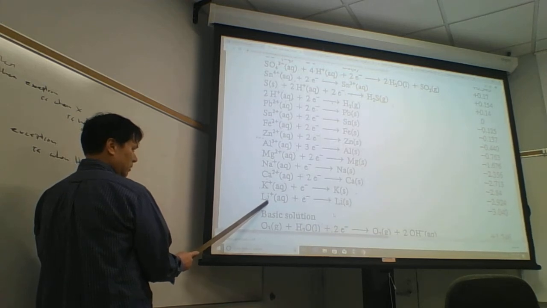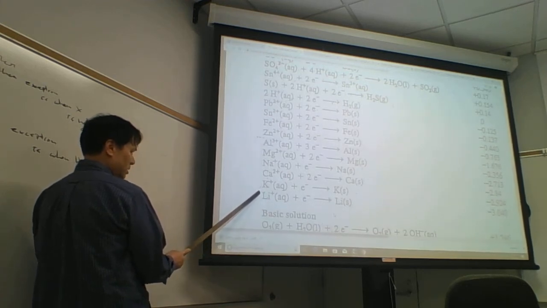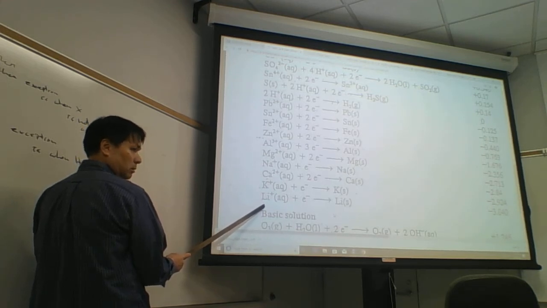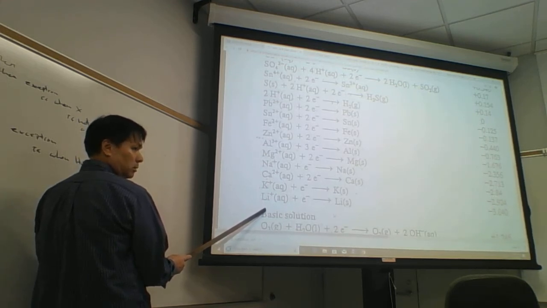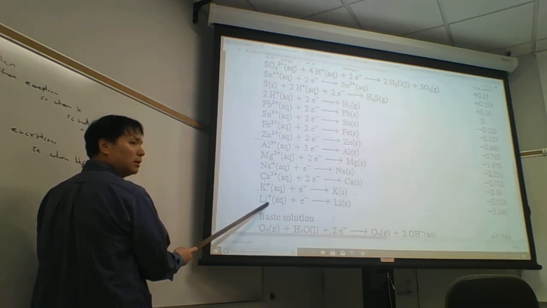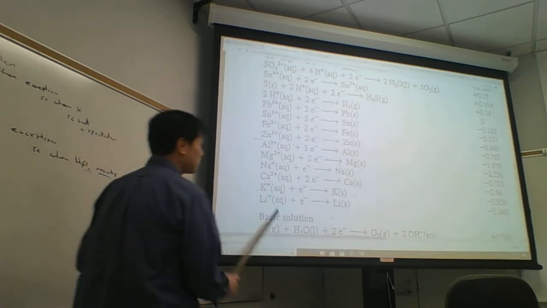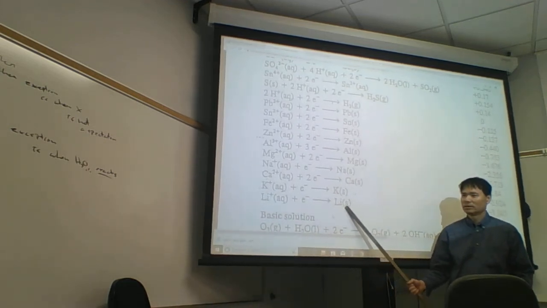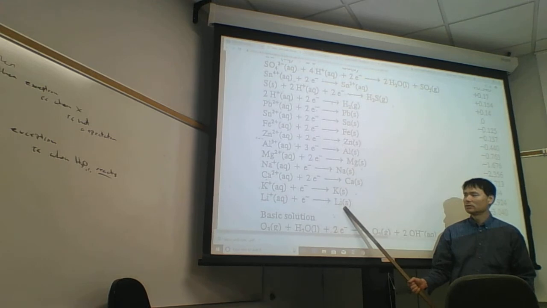What is lithium ion? The strongest oxidizer, weakest oxidizer, strongest reducer, weakest reducer? Lithium ion is the weakest oxidizer. However, lithium metal is the strongest reducer.